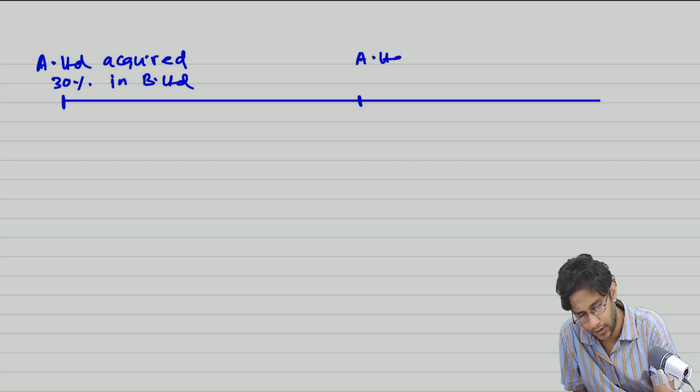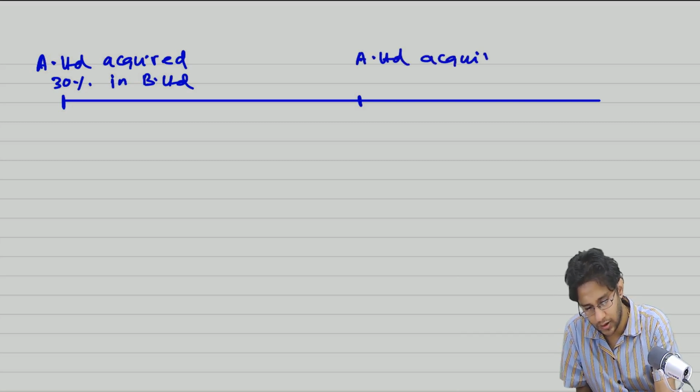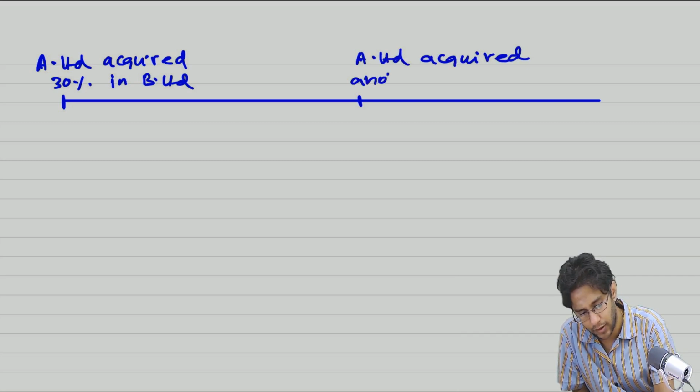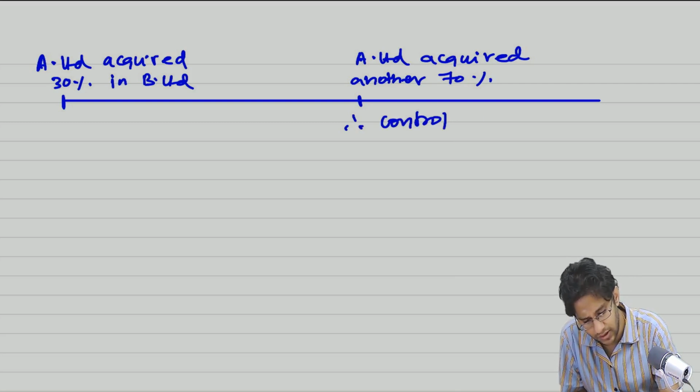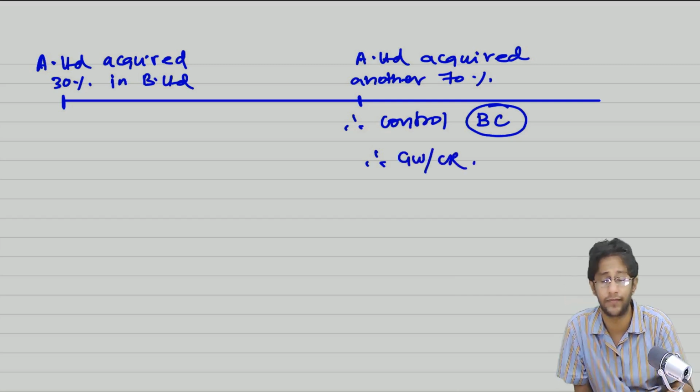Subsequently, A Limited acquired another 70%. Therefore, control is obtained. Since control is obtained, this is a BC transaction now. Therefore, we have to determine goodwill or capital.